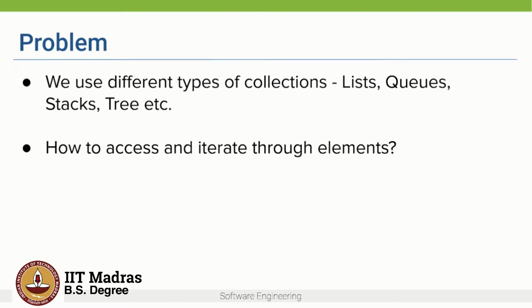For example, it can be a list of products, a list of orders, or a list of deliveries. All of these are collections, and a common set of operations are accessing them as well as iterating through these various elements.